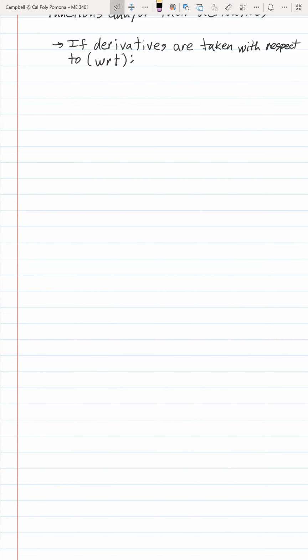So if the derivatives are taken with respect to one variable, then the equation is called an ordinary differential equation.